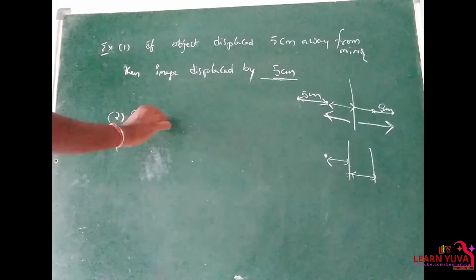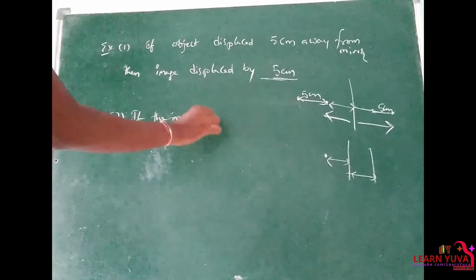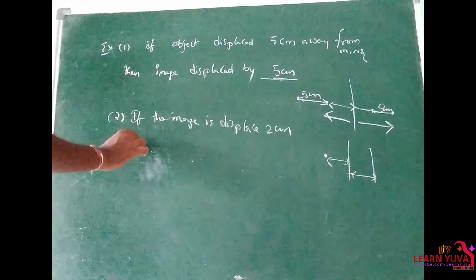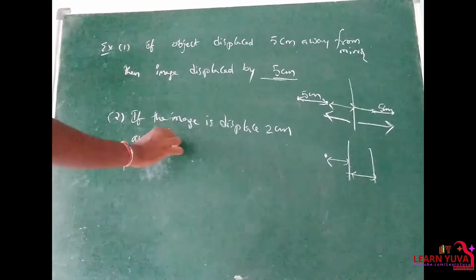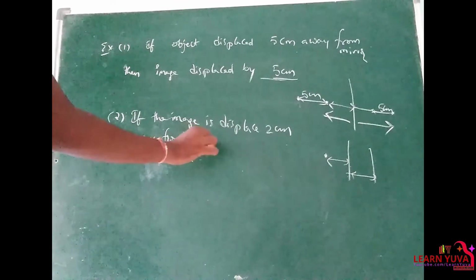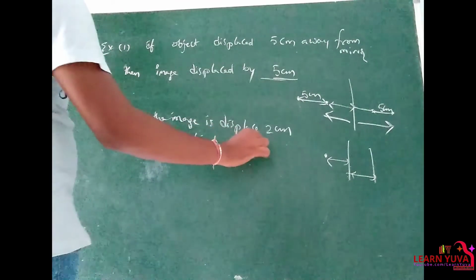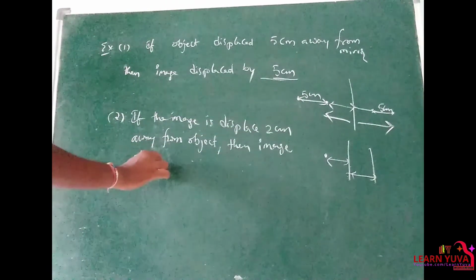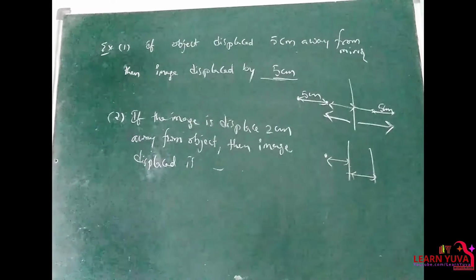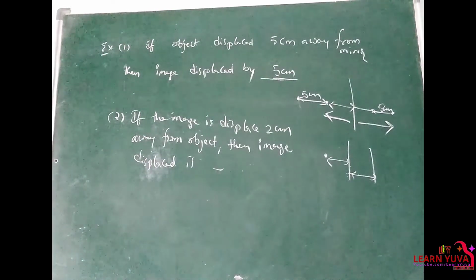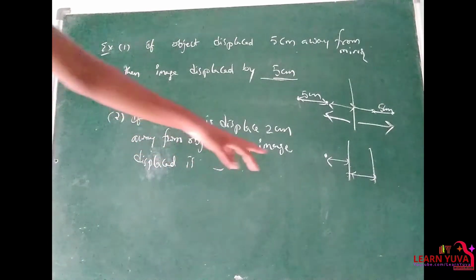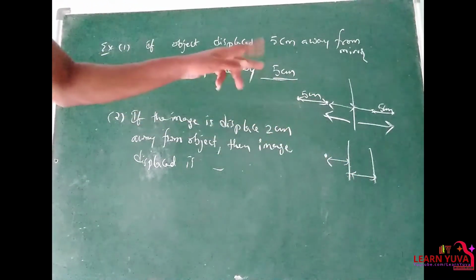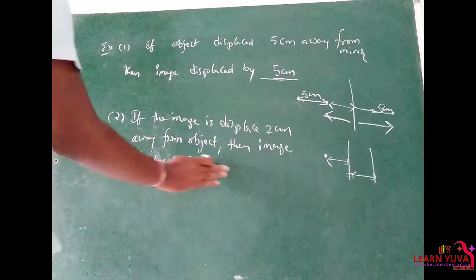If the mirror is displaced 2 centimeters away from the object, then according to the second statement, if the mirror is displaced by x units, the image is displaced by 2x units.